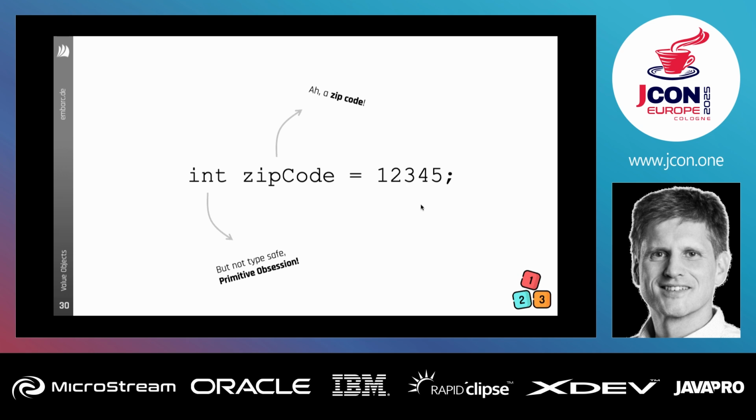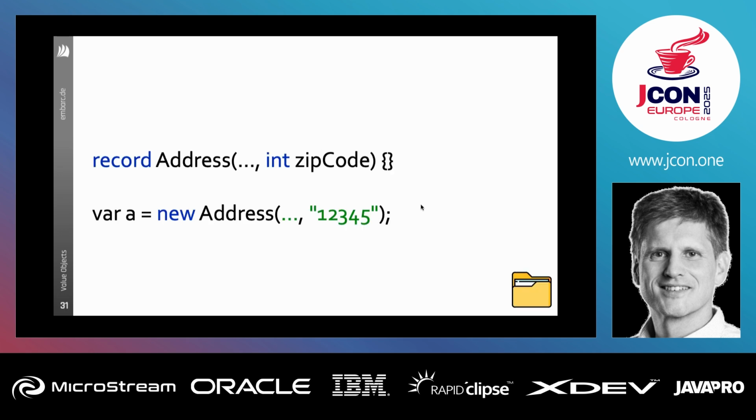And of course, most of the time we don't use zip code as one field like that. We often use it inside objects. For example, we can have a record Address, and one of the members of this record is a zip code. That would be easy, but it's still primitive obsession. It's still an int.